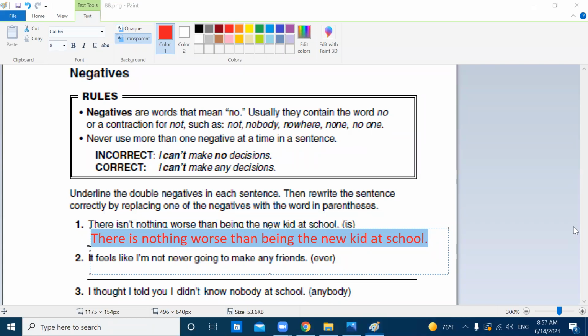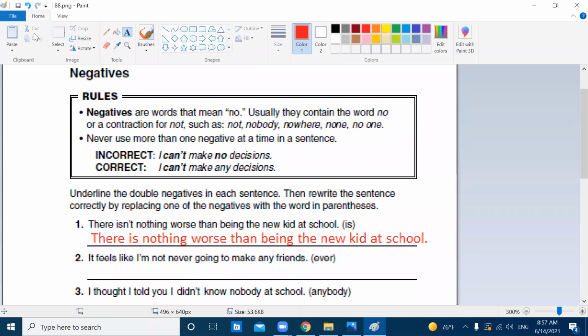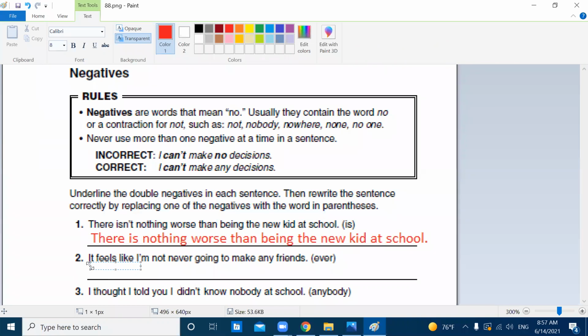Iyad Adil, can you read number 2 for us, please? I feel like I'm not never going to make any friends ever. Hey, I don't know why, but I can't hear you guys at all. Just give me one second to try to reset the controls.